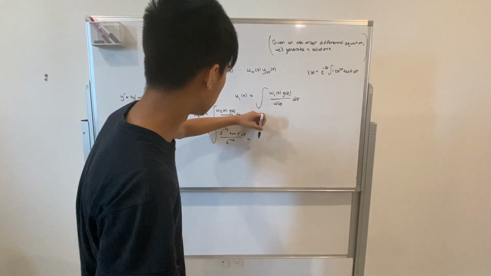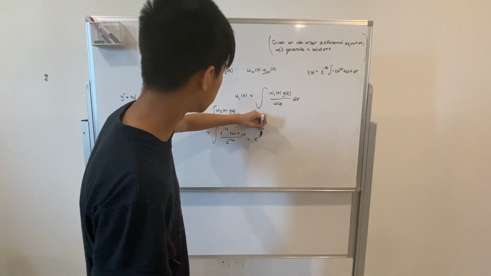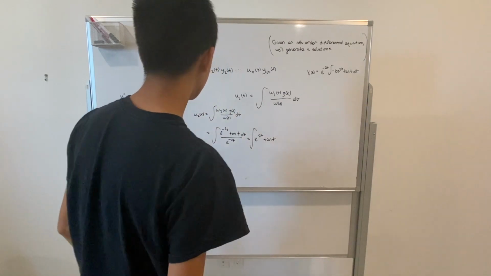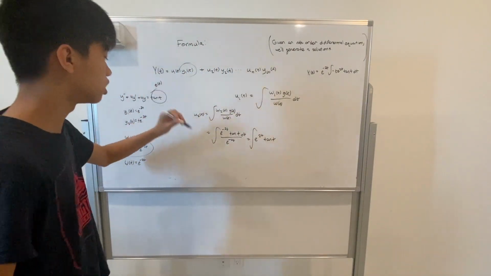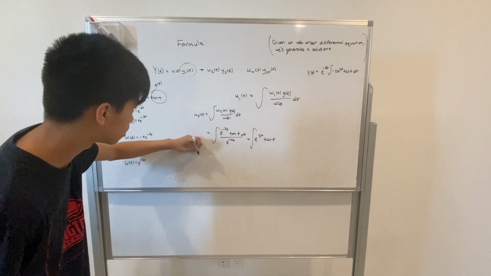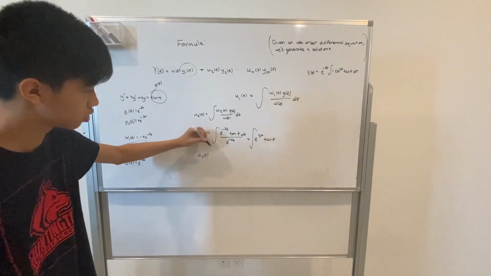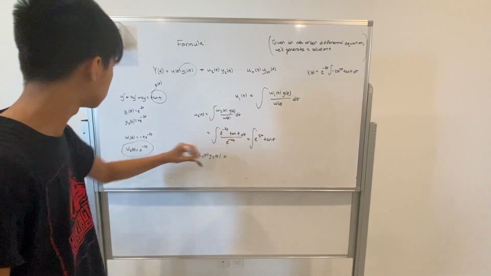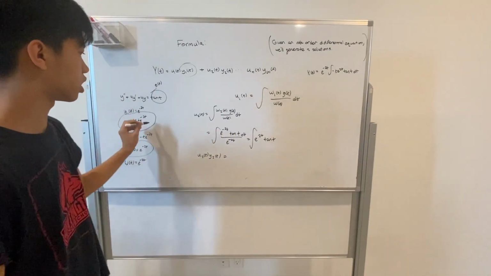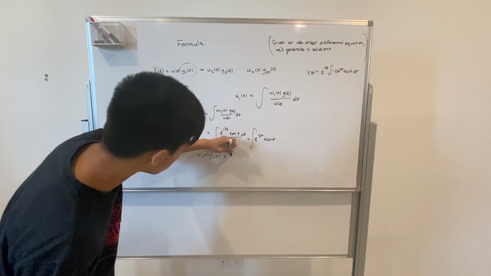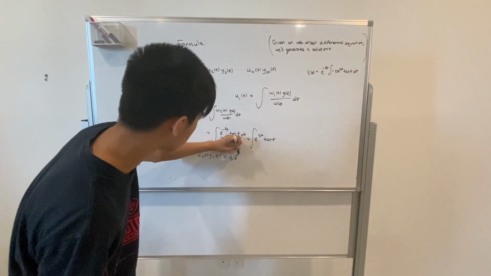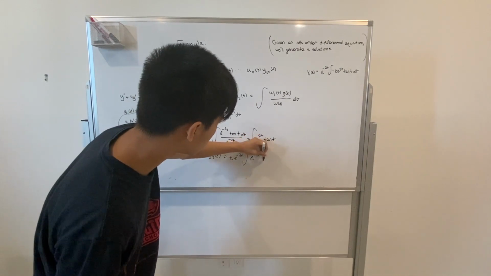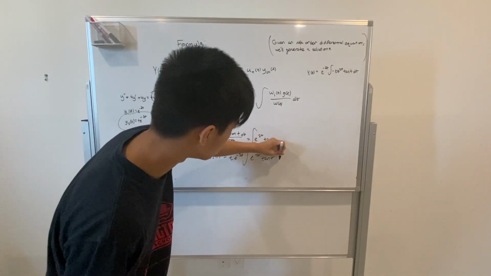So that would equal the integral of e to the 2t tangent of t. So now we need to multiply that by y2 of t, so u2 of t times y2 of t is just equal to this times that. So it would be t e to the negative 2t times the integral of e to the 2t tangent of t dt.